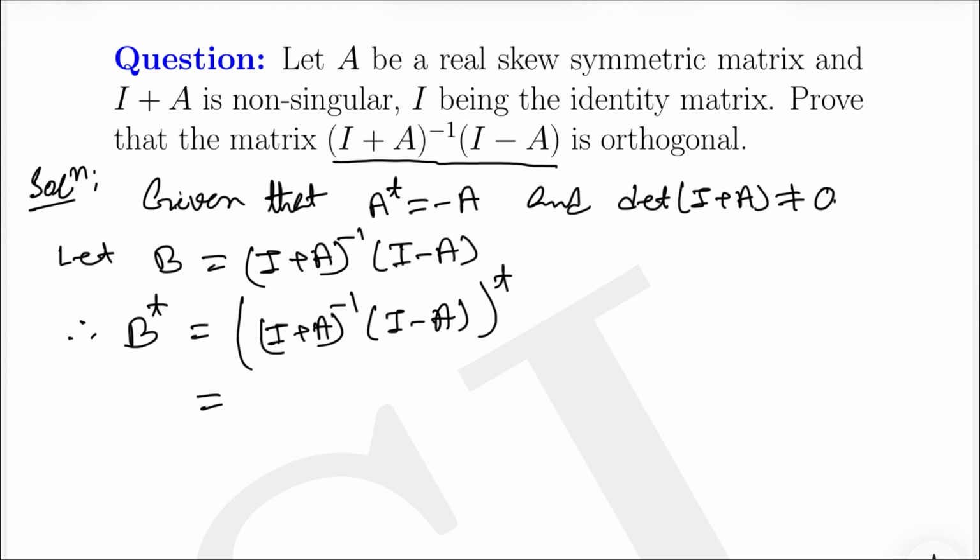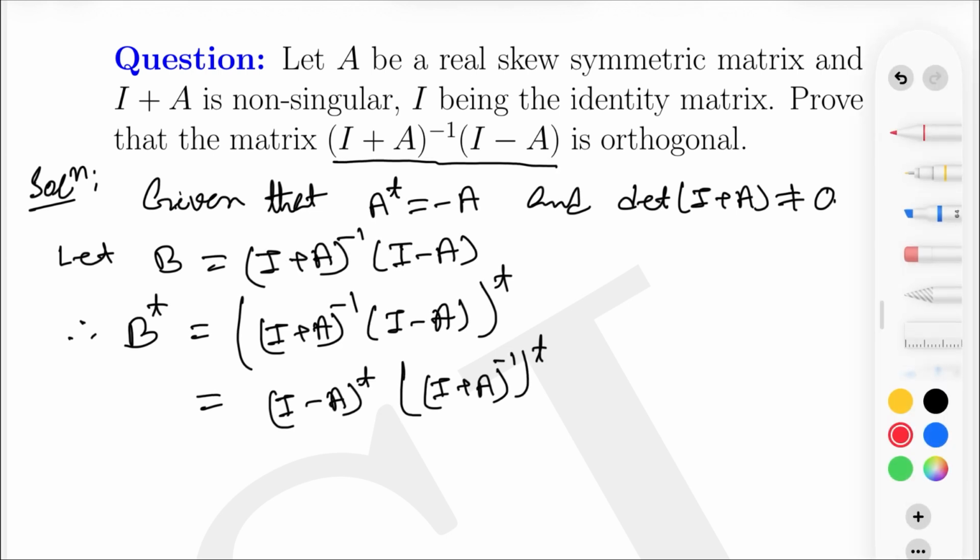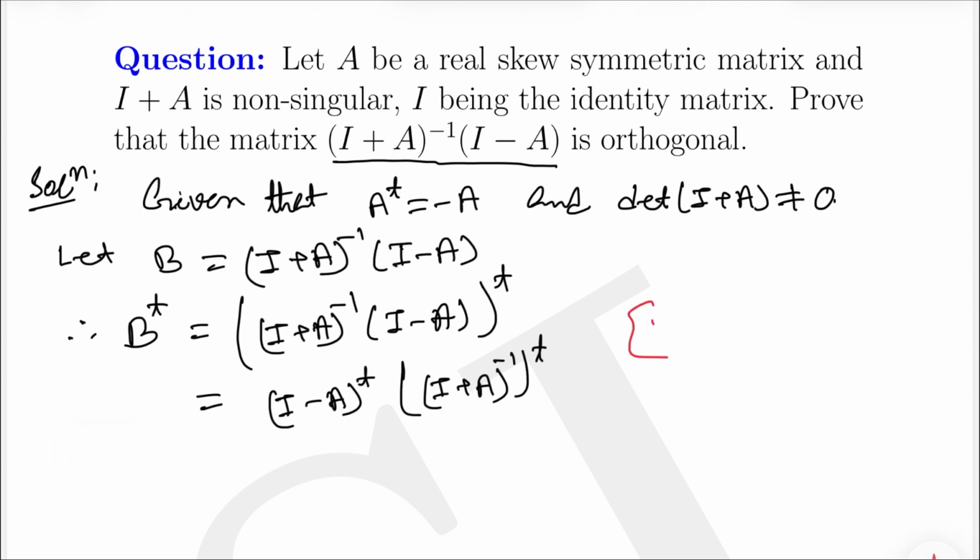So this is equal to (I minus A) transpose into ((I plus A) inverse) transpose, since we know that (AB) transpose is equal to B transpose into A transpose.